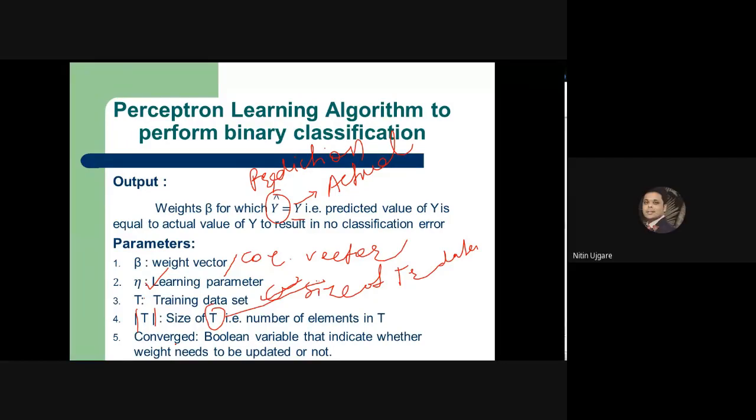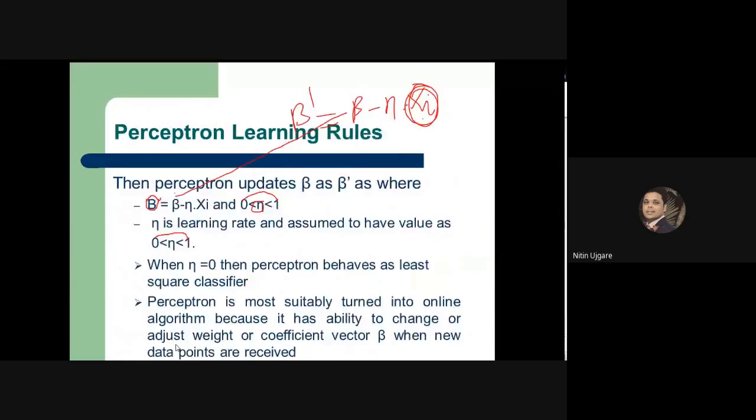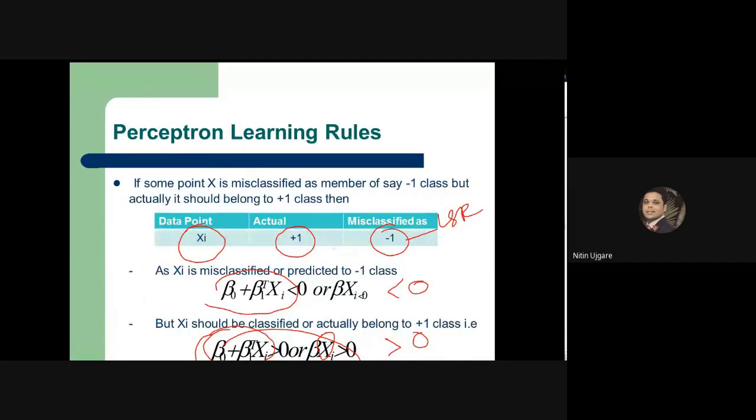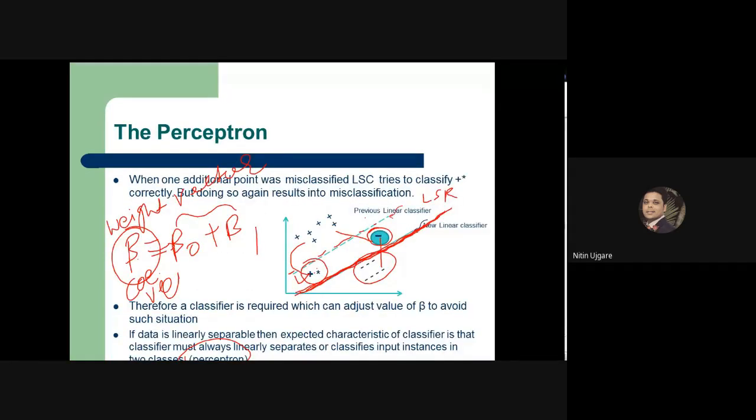Okay, that means when misclassification appears, whenever an error occurs or a misclassification takes place by the perceptron, then we need to update the weight. I'll just go back and tell you what we have done. This previous classifier misclassifies this point. So we updated the weight vector of this dotted decision boundary, and we have drawn this new decision boundary. And again, after introducing this new instance, we came to know that there is a misclassification of this instance.